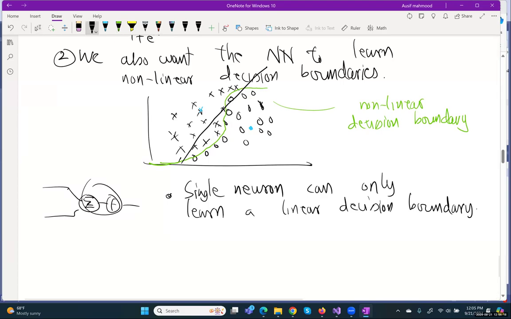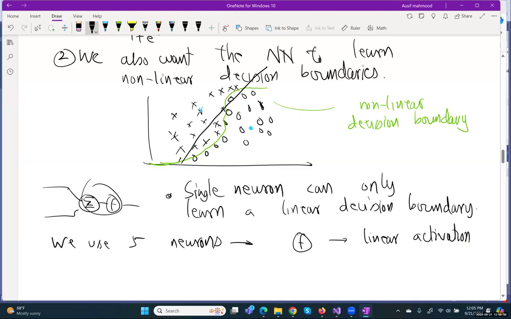Now let's pretend we use, let's say, 5 neurons. However, in these 5 neurons, let's pretend the activation function is a linear activation function, just like we were discussing, where the activation function basically doesn't do anything. Input is 1, it passes it straight through.